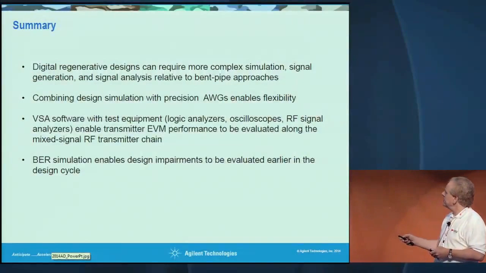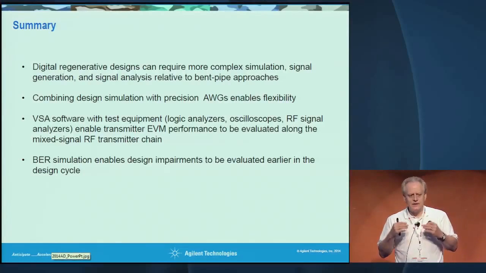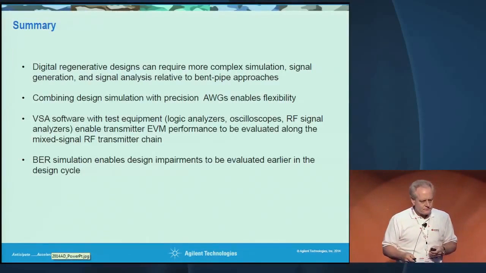So that just makes design and debug just a little bit more difficult because you have to consider these extra factors. So to summarize, the newer generation of satellites require an additional set of diagnostic and design techniques.